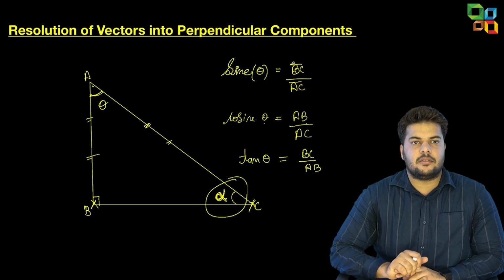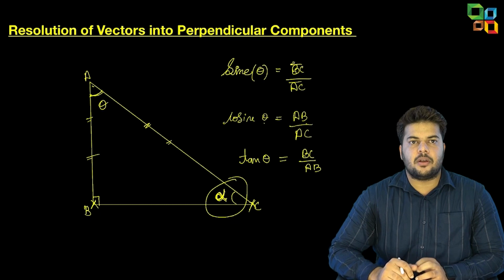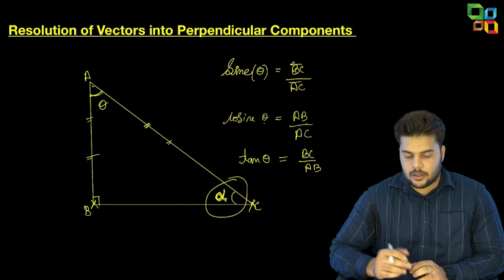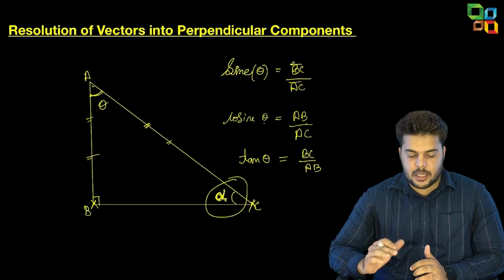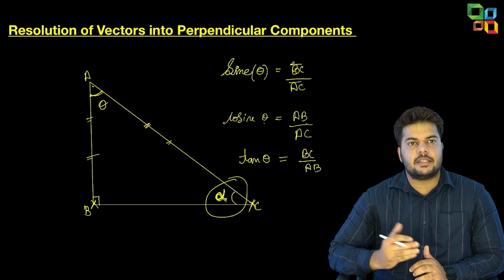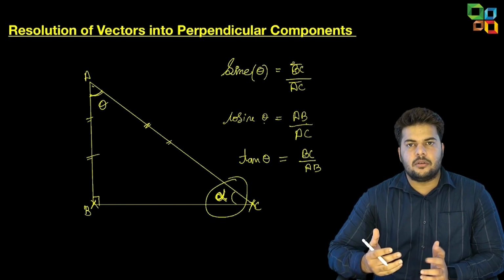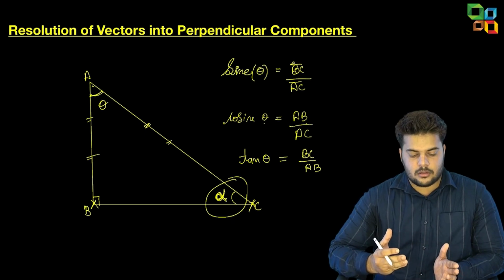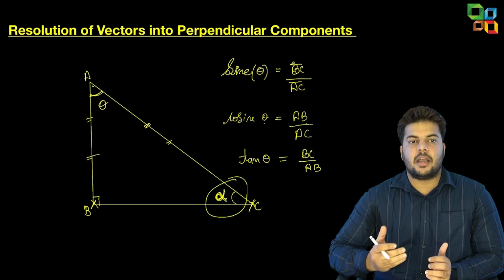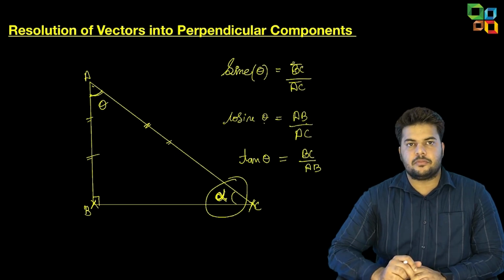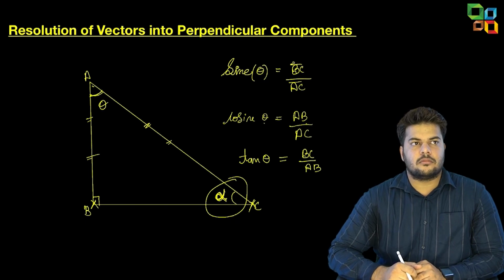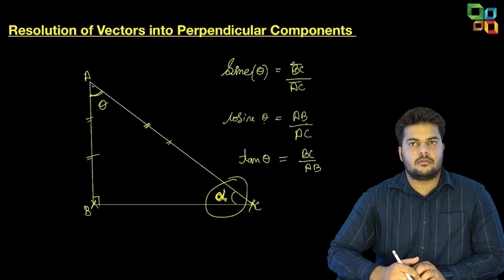How many possibilities would you think of? I can do this. Look at that: opposite by hypotenuse. I can do adjacent by hypotenuse. I can do opposite by adjacent. What else can I do?